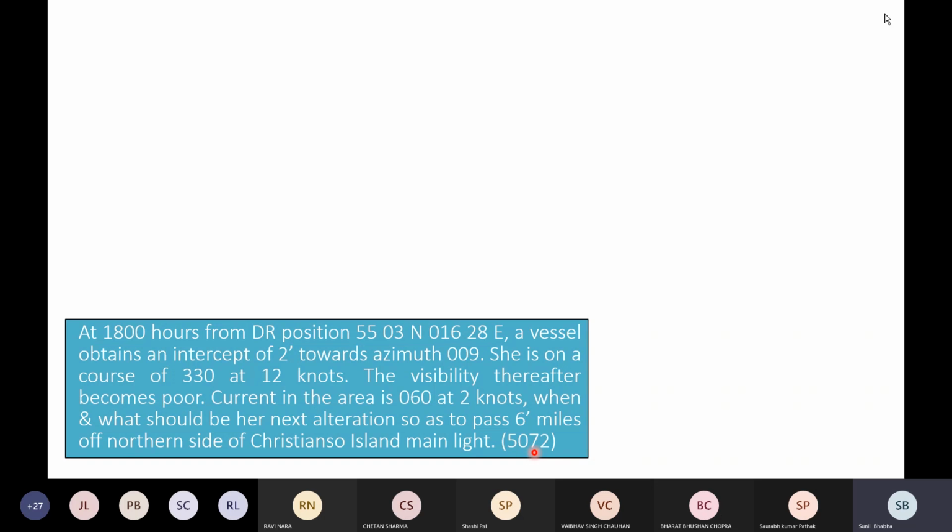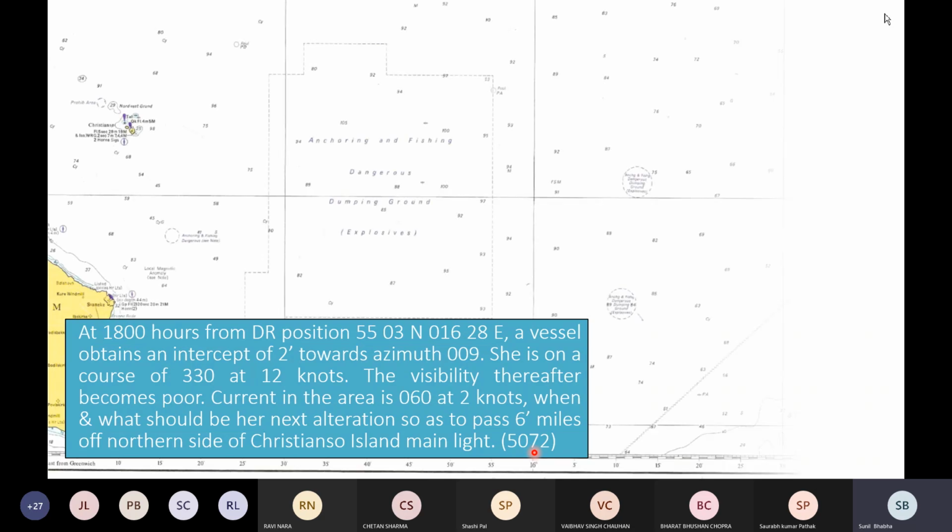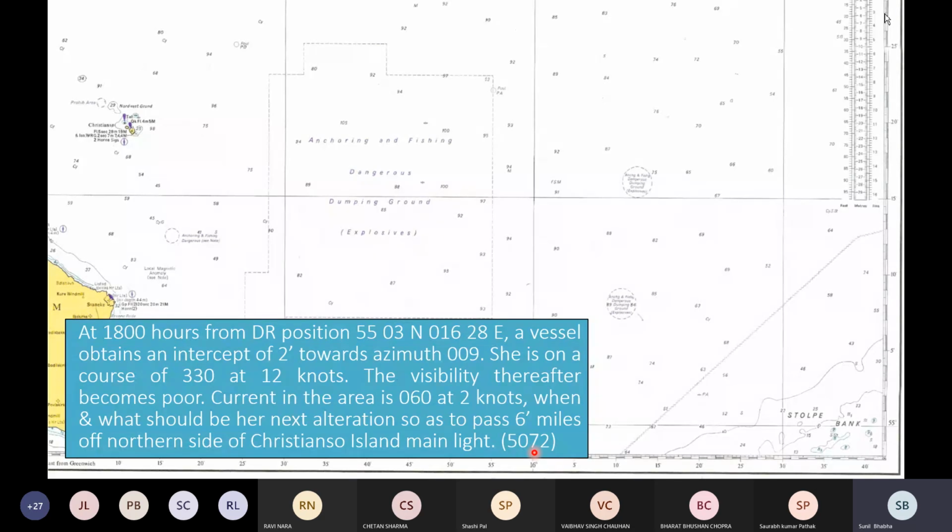So let's open up the chart of this particular area. We have the chart on the screen now. Let's first of all mark the DR position on the chart, and from the DR, we can then mark off our first position line.